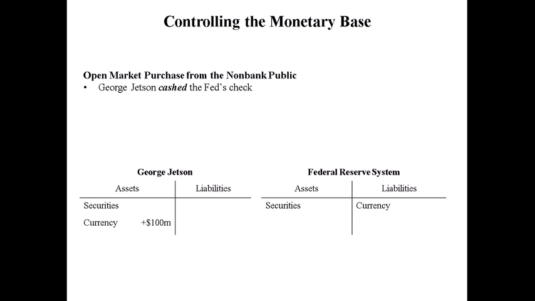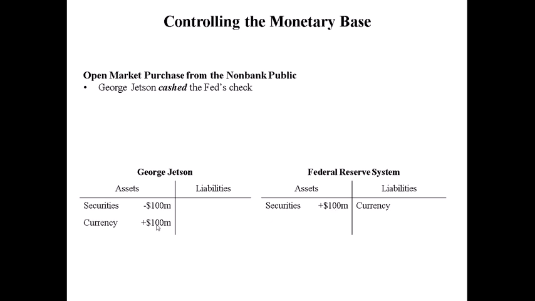Maybe he puts that in his piggy bank, or loses it between the couch cushions, or it falls between his car seats. George Jetson, like the bank, gives up these securities in exchange for this currency. And those securities go to the Federal Reserve System.